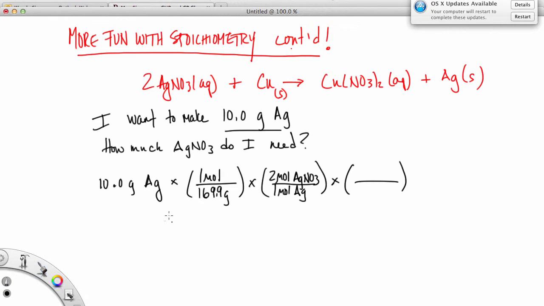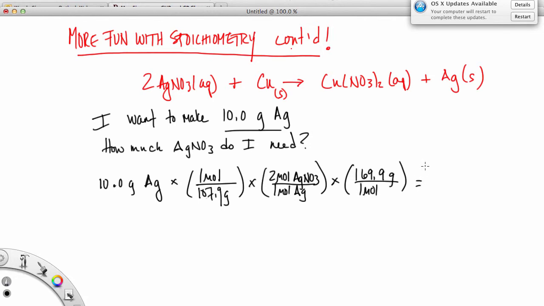If you find my error, does anyone find my error? The molar mass of silver is not 169.9. The molar mass of silver is 107.9. Okay, it is the molar mass of silver nitrate that's 169.9 grams.